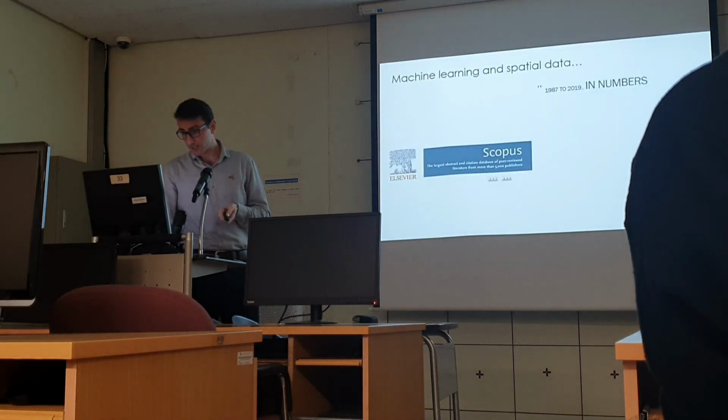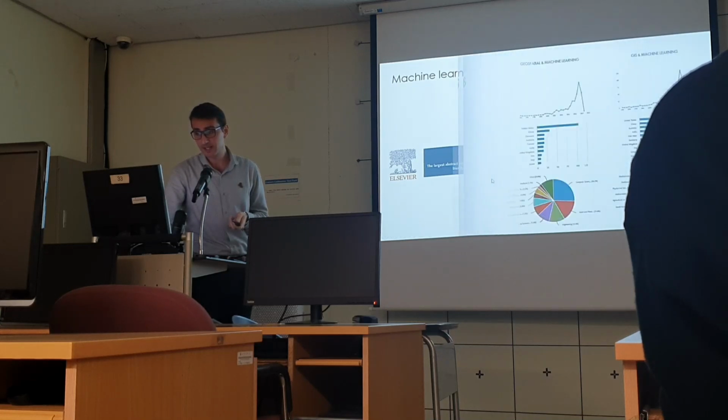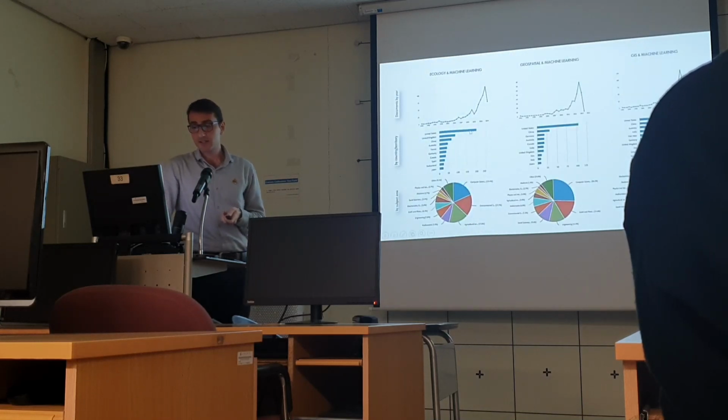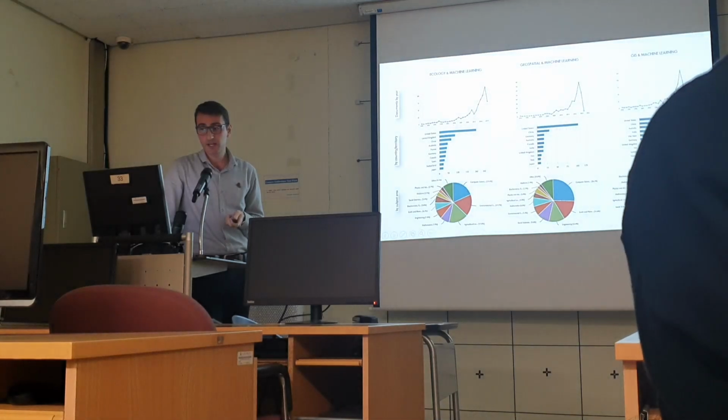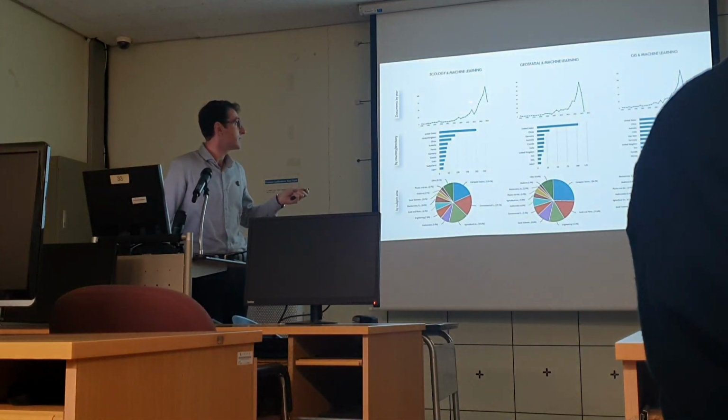A quick view of machine learning and spatial data in numbers. If we use the capability of Scopus analytics, we can see, since 2000 till now, how the number of publications and contributions goes between ecology and machine learning, geospatial machine learning, and GIS and machine learning.